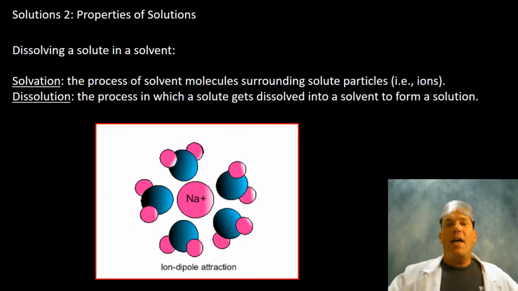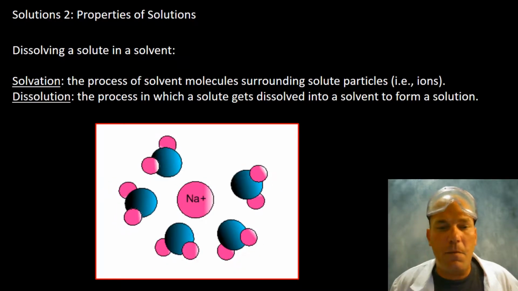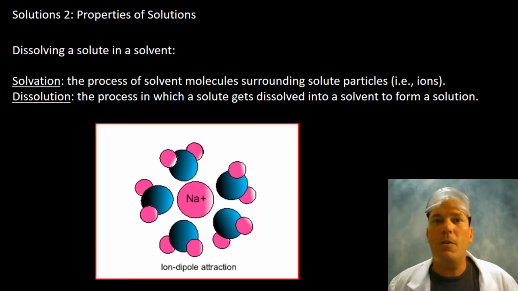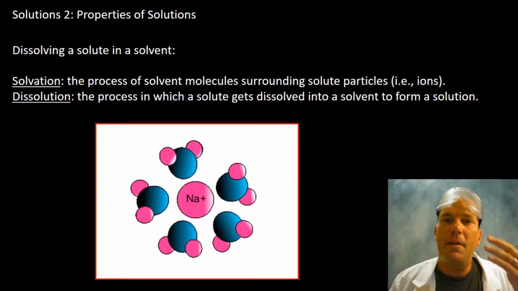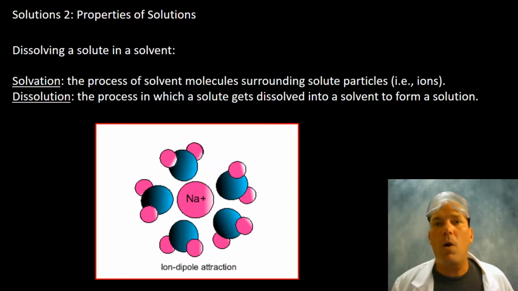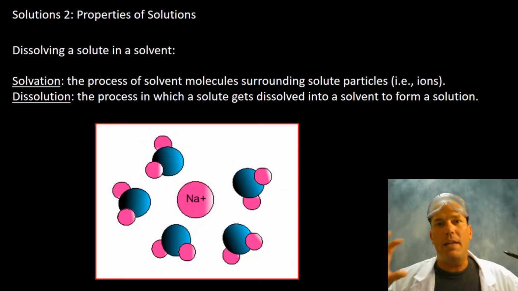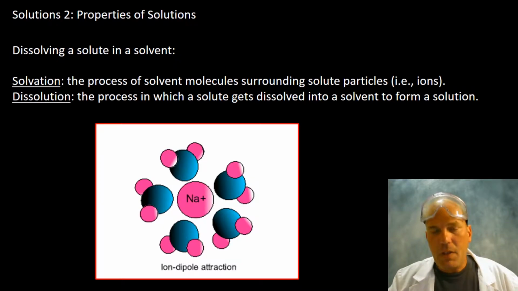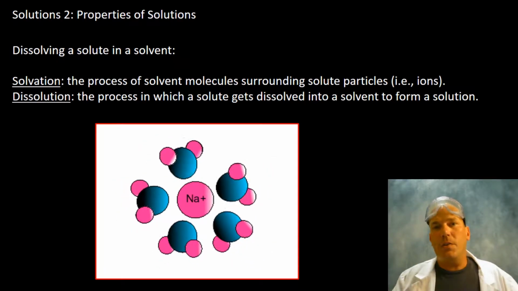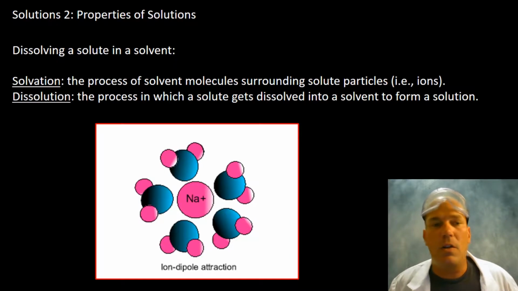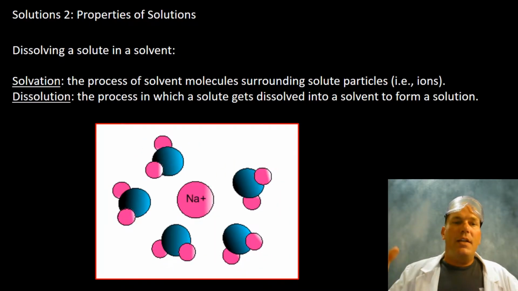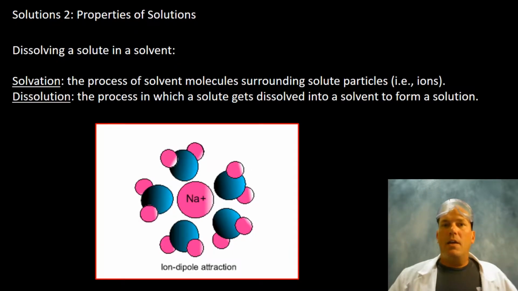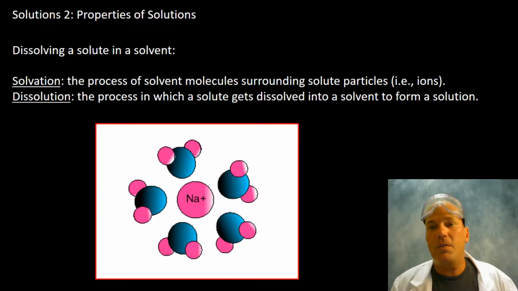So we have these ion dipoles that are forming, and if this was the cation of sodium chloride, the same thing would be happening to the chloride anion, except the water molecules would orient with the hydrogen atoms surrounding, which are the little purple circles in this space filling model. Okay, so literally the process at which the solvent is surrounding the solute is solvation.